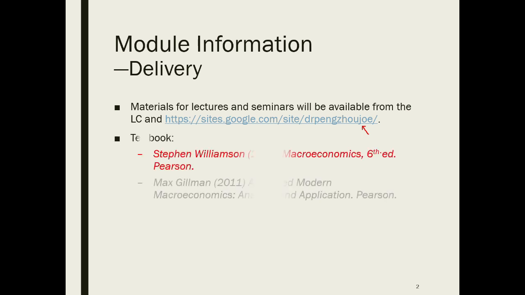The textbook for this module is Macroeconomics, written by Williamson. If you want more technical details, you can also take a look at the reference book published by Gilman. I believe you can find these books in the library, but if you want to buy your own books, I also provided Amazon links on the module webpage too. You can buy the books as you like.